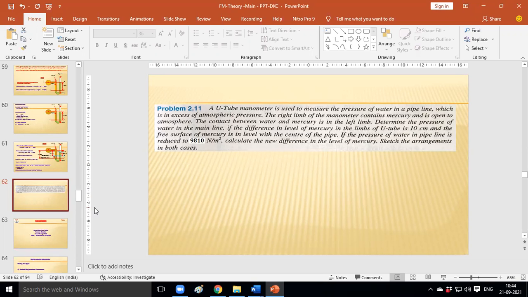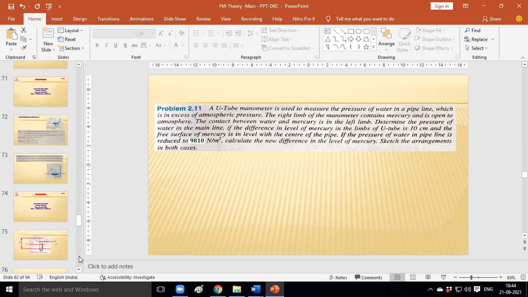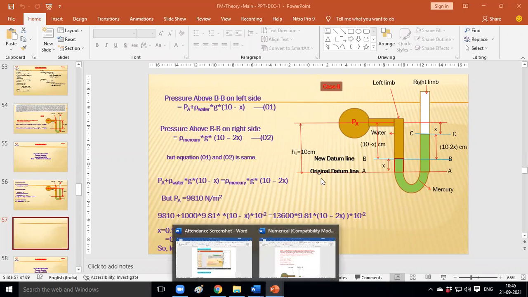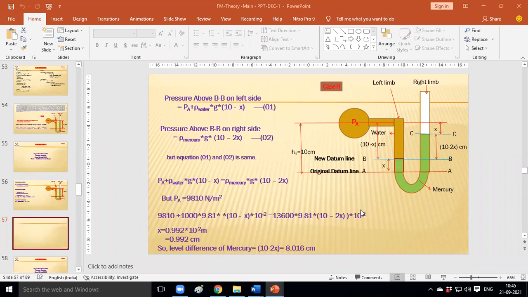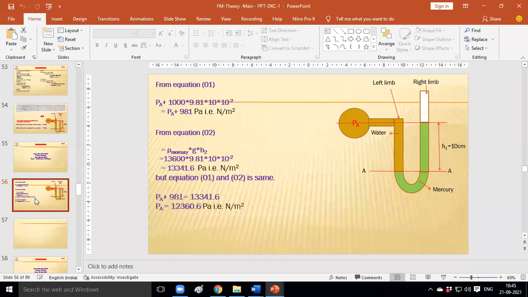The figure for that case will be different. Okay, I will show you the figure. Is this figure visible? Yes, sir. See, between the previous figure and this figure there is a slight change. In this figure the mercury level difference is 10 centimeter, but in the second case, see, this is the second case.